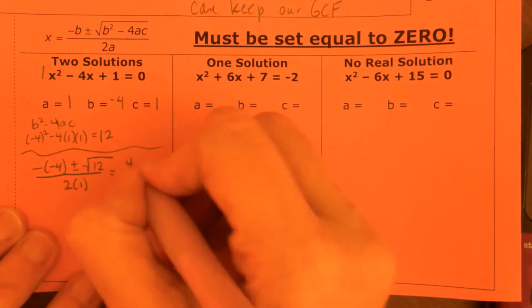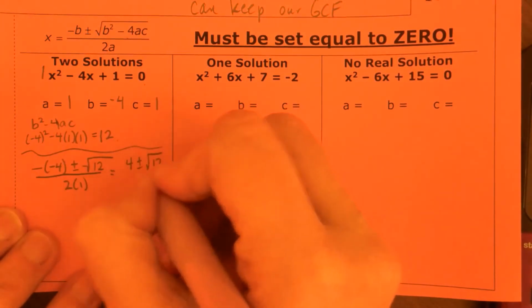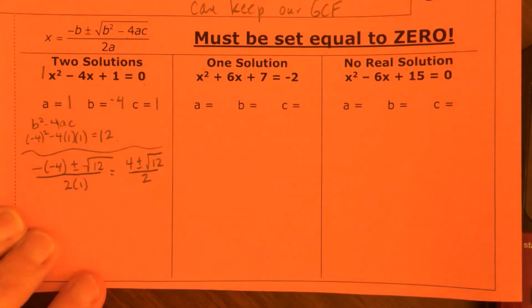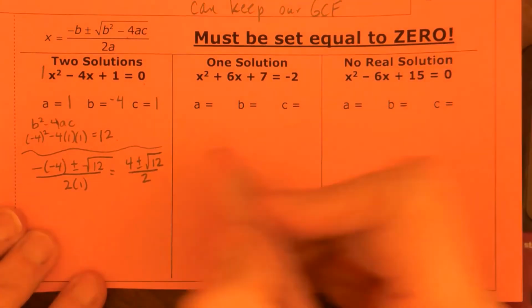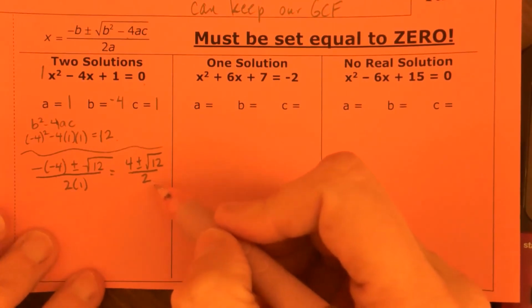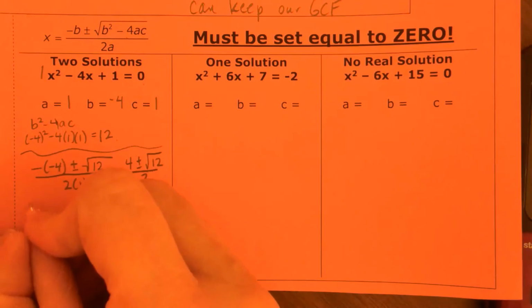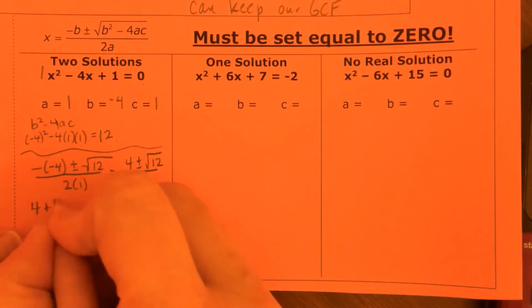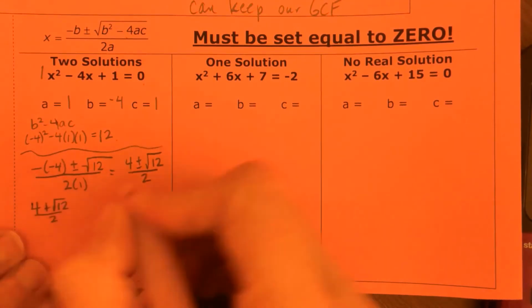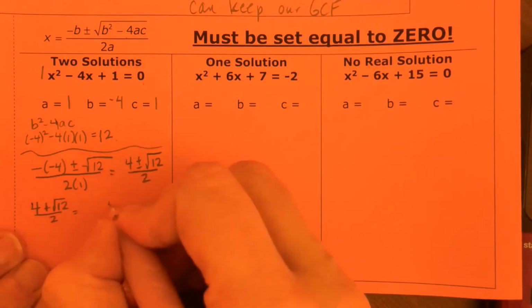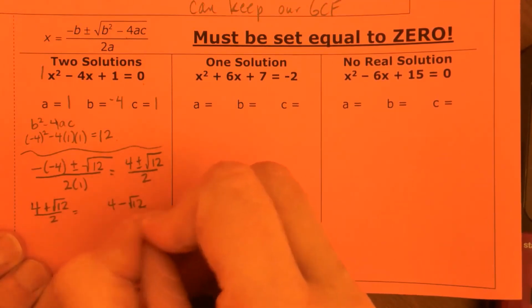Hmm, so that's 4 plus or minus the square root of 12 over 2. So far, this looks very similar to the stuff we did with the square root method, right? Since I have plus and minus, I'm going to have one that's 4 plus the square root of 12 over 2, and one that's 4 minus the square root of 12 over 2.